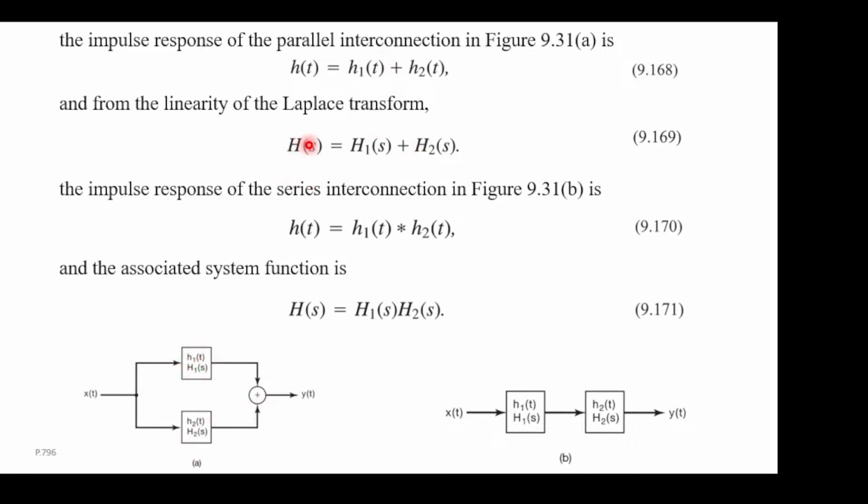If you are thinking about the system function, then because of the linearity of the Laplace transform, you still have the sum of those H. But what's interesting is the serial connection of your block diagram. If you have a serial connection, then because for small h you get a convolution, for big H it should be multiplication of each other. Kind of see these together.